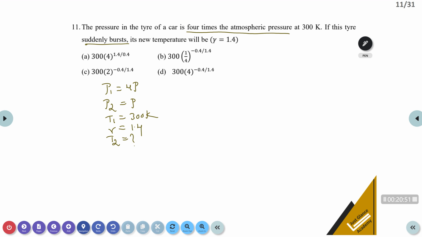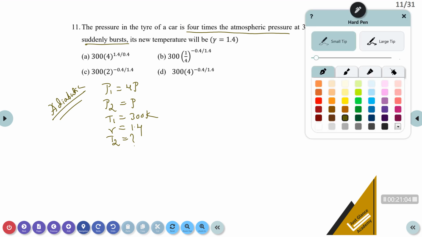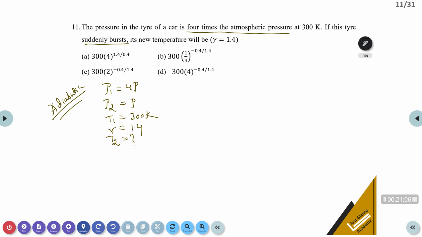Whenever any sudden process is there, that sudden process is nothing but an adiabatic process. We should recall the relationship between the temperature and the pressure here. T2 divided by T1 equals P1 divided by P2, raised to 1 minus gamma divided by gamma.